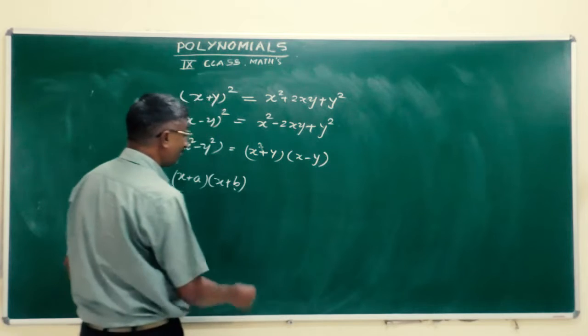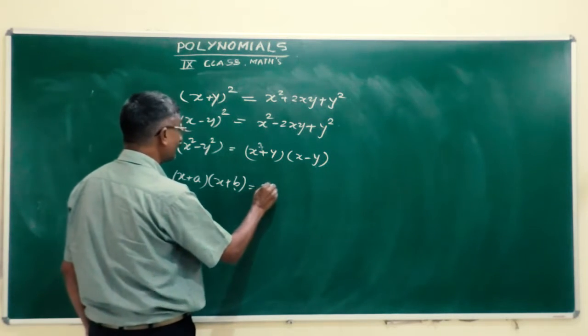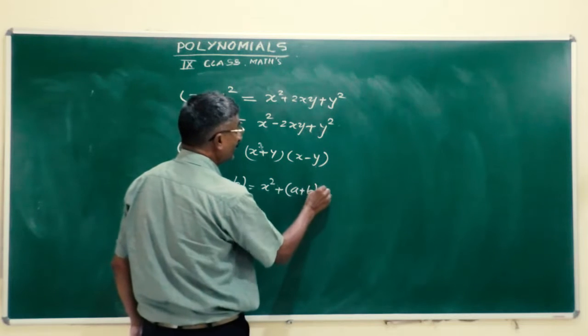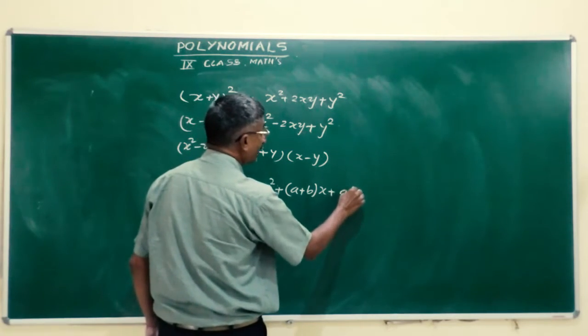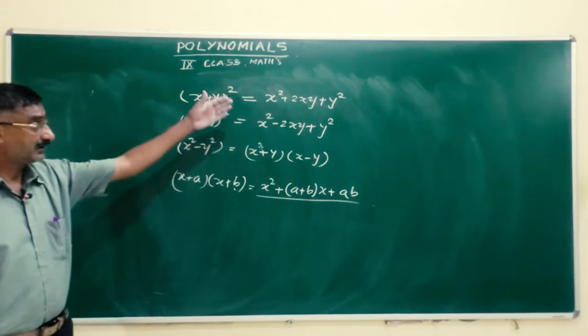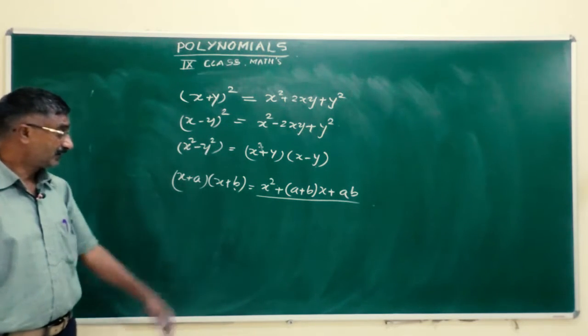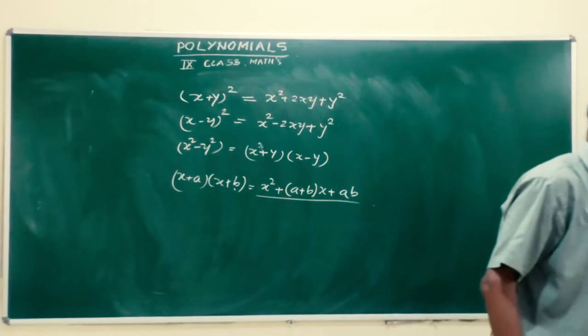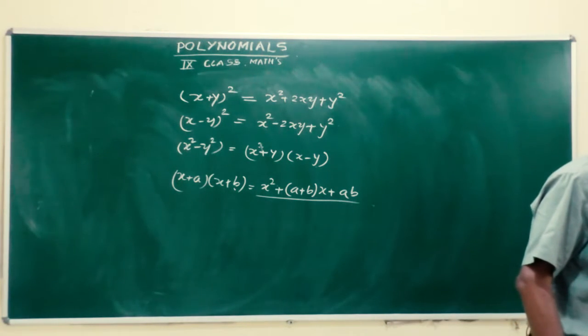All these are real numbers. So it is equal to x square plus (a plus b) into x plus ab. This is the quadratic expression, you can say.